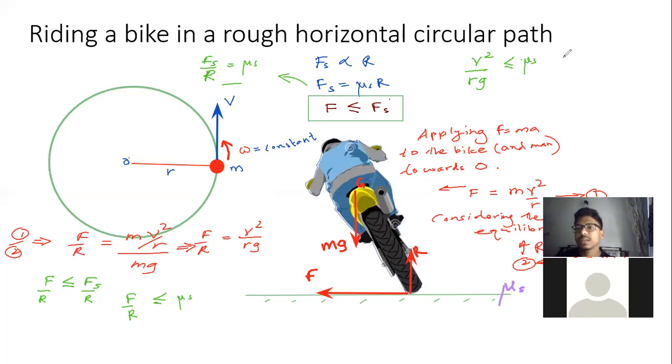So we can rearrange: v squared is less than or equal to mu s RG. So we can write finally v is less than or equal to the square root of mu s RG. Okay, is that clear?